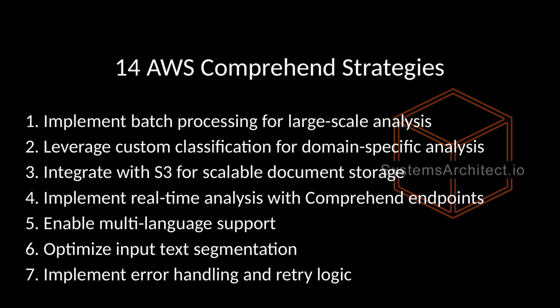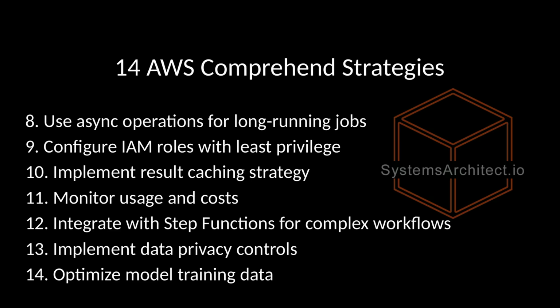Implement error handling and retry logic. 8. Use async operations for long-running jobs. 9. Configure IAM roles with least privilege. 10. Implement result caching strategy. 11. Monitor usage and costs. 12. Integrate with Step Functions for complex workflows. 13. Implement data privacy controls. 14. Optimize model training data.